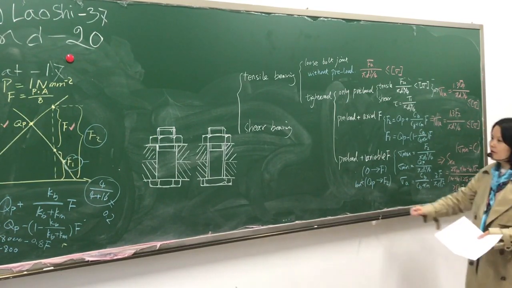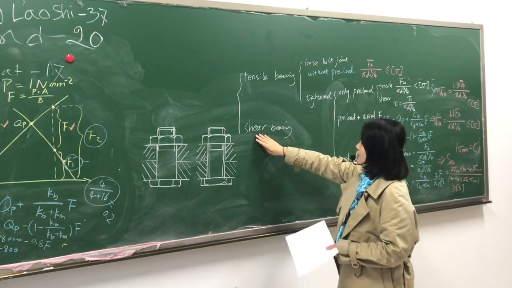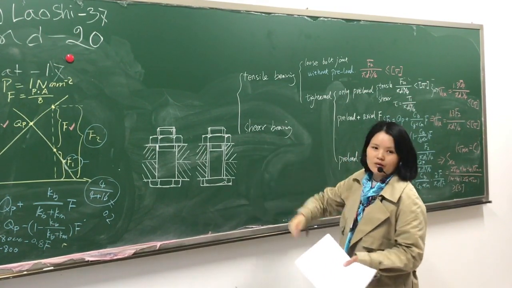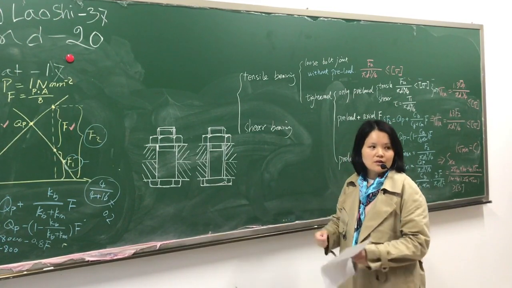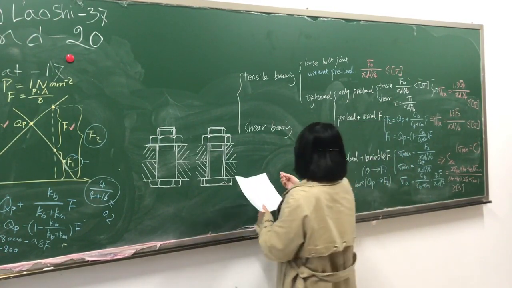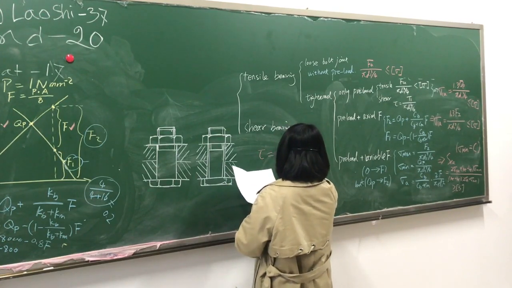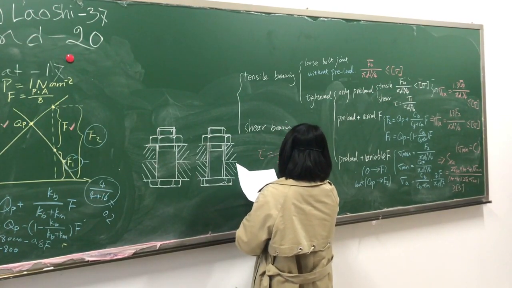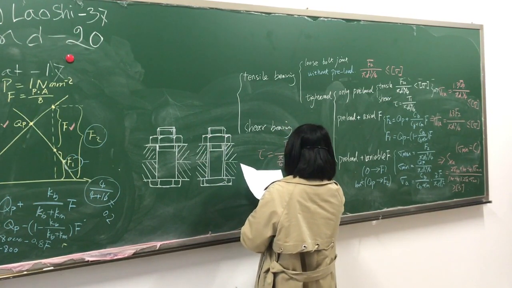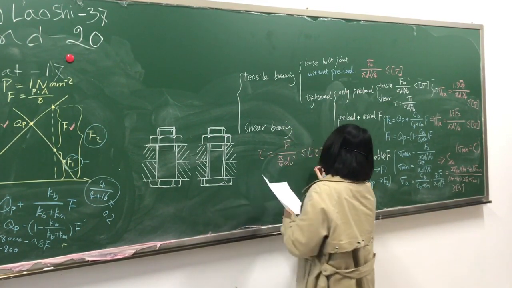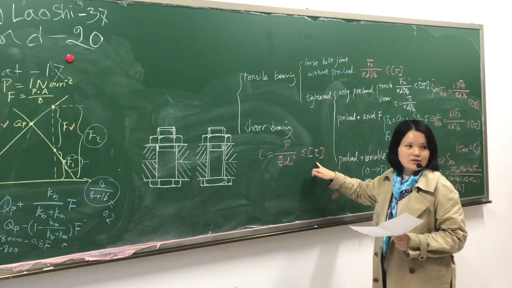Okay, and for the bolt subject to shear bearing or transverse force, we also can obtain the stress, how is F, which should be less than the allowable shear stress.